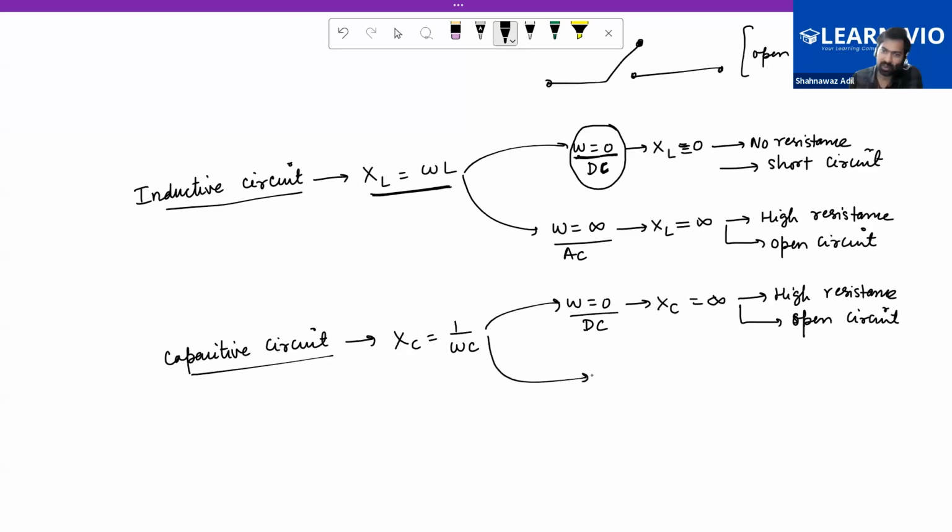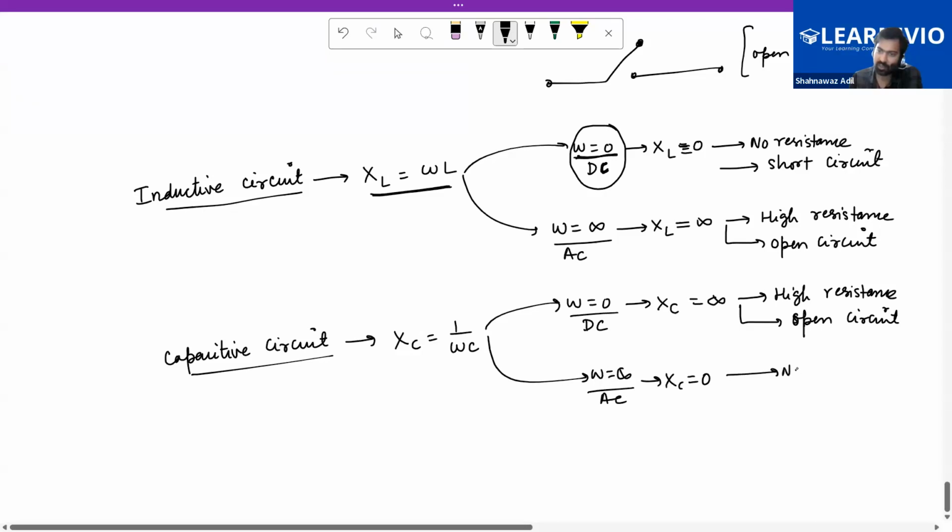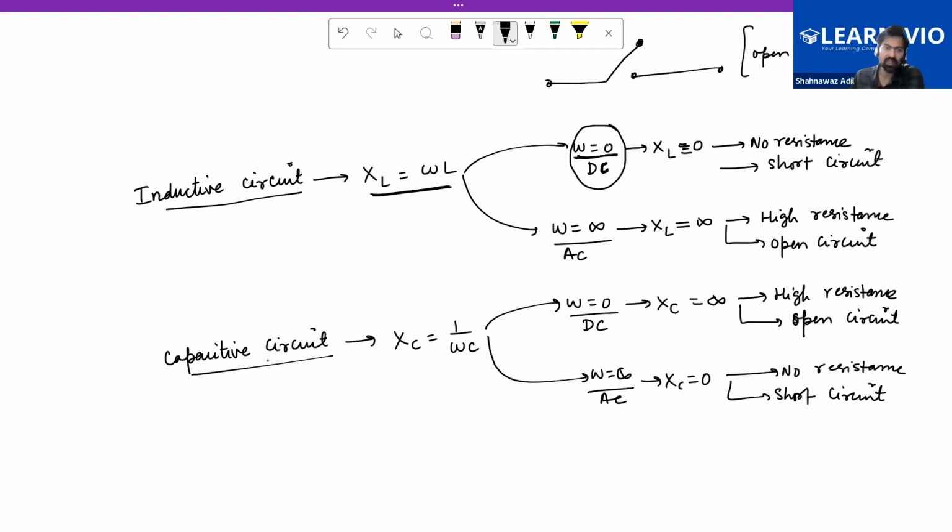And if you have omega which is very large, that is AC, then XC is 0. So you have no resistance, which means you have a short circuit. So a capacitive circuit provides infinite resistance to DC supply, and no resistance to AC supply.